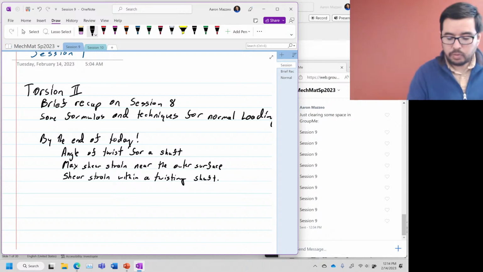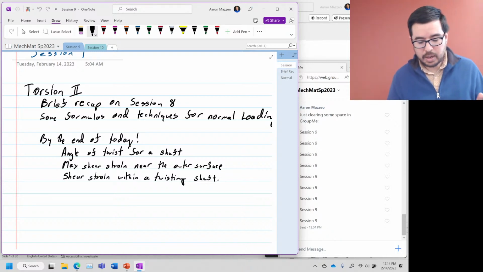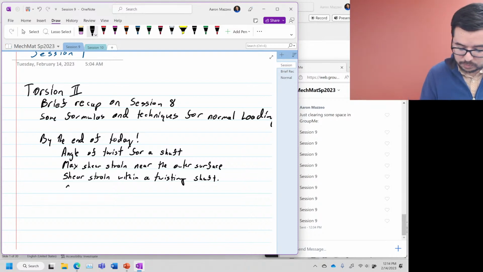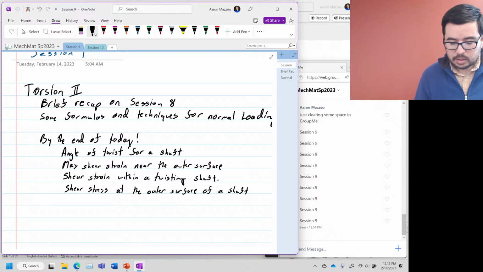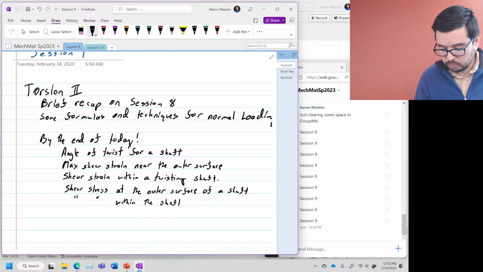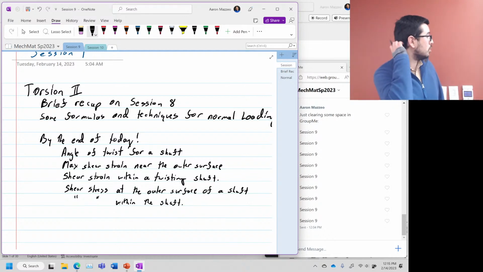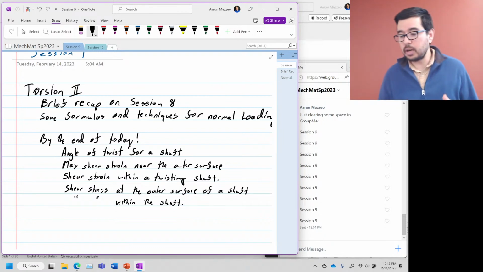And we should have an idea about shear stress at the outer surface of a shaft, and also the shear stress within the shaft. So these are the things that we should be able to cover today.